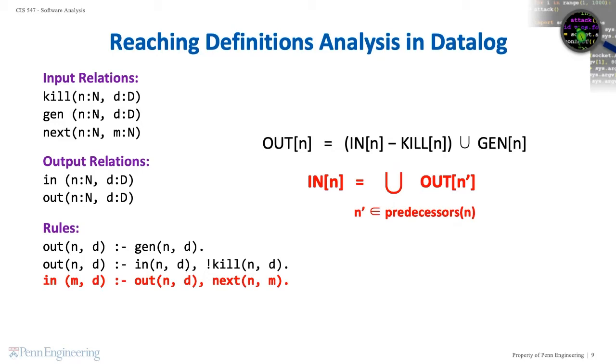Because this expression is a union, we only need a single inference rule to ensure that all definitions are correctly added to the appropriate in set. For each predecessor n of program point m, each definition d in the out set of that predecessor n will satisfy the hypothesis of this third inference rule.